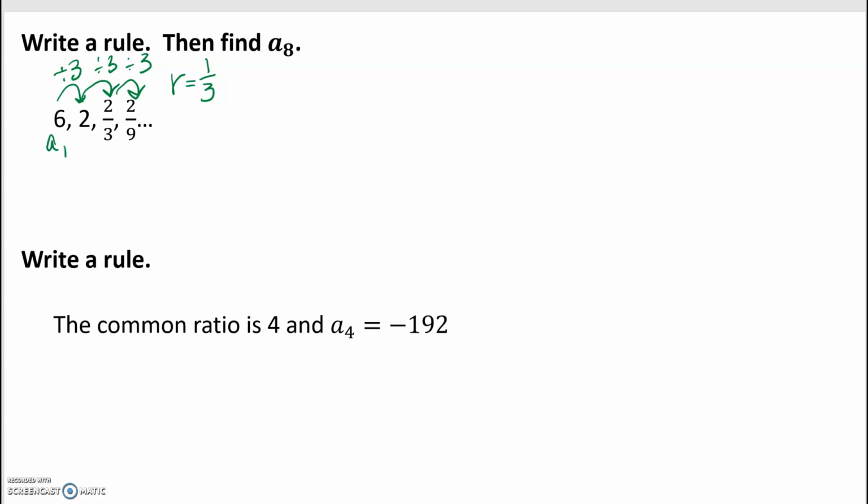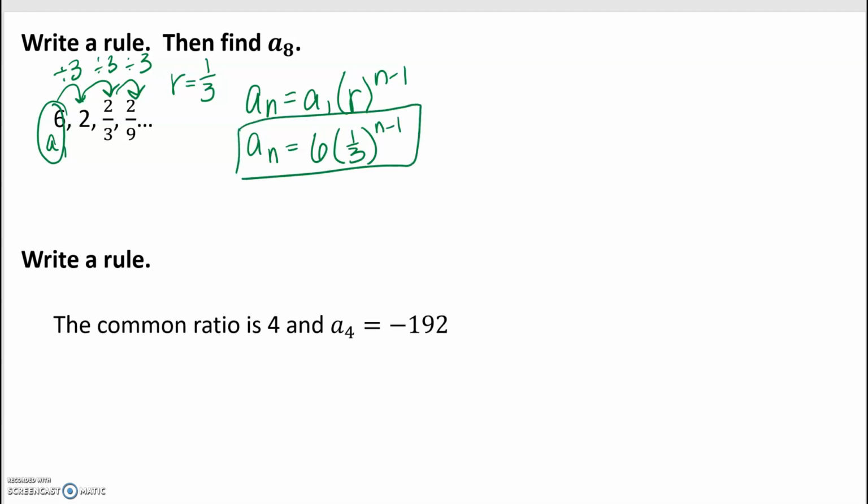And I know this is my first term in my sequence. Here, that's a 6. So when I write my equation, remember you have your first term times your ratio to the n minus 1 power. So I'm going to have A sub n equals 6 times 1/3 to the n minus 1.